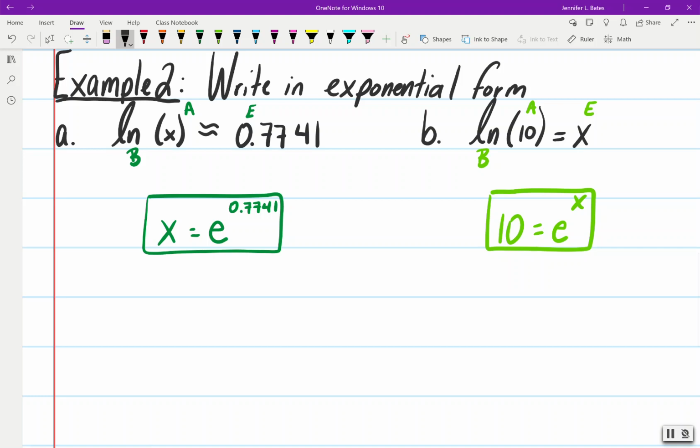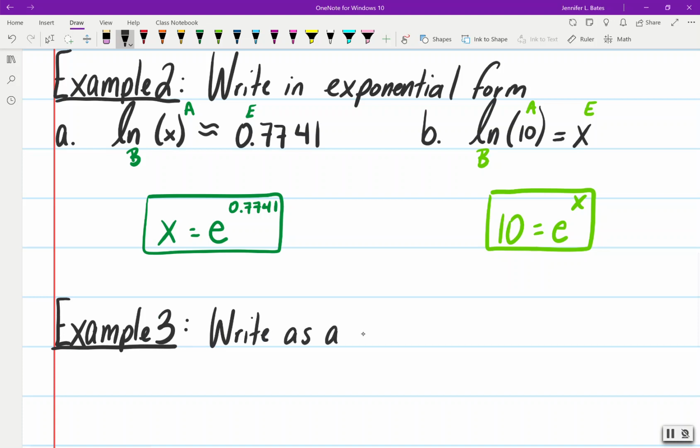So what we're going to do, we're going to use some of those log properties to condense some expressions. So we'll call this example 3. And example 3 says write as a single logarithm.